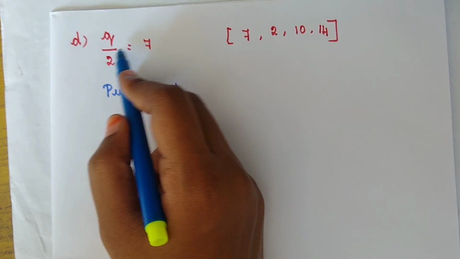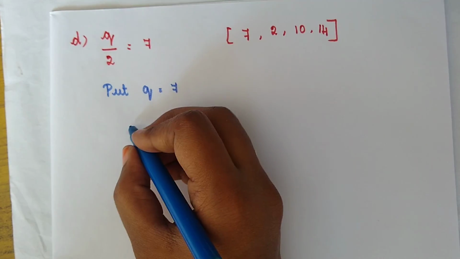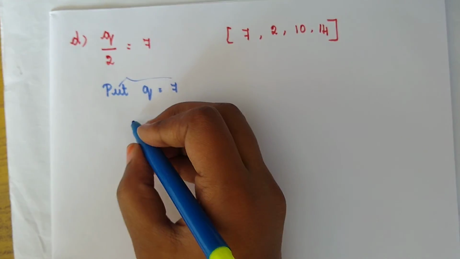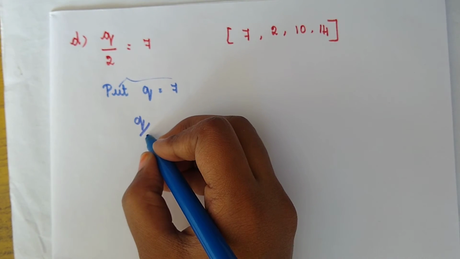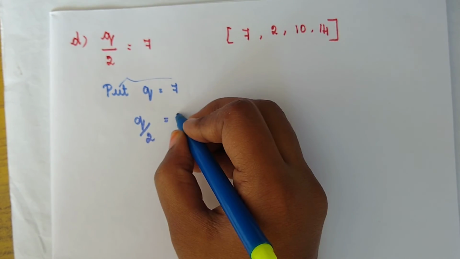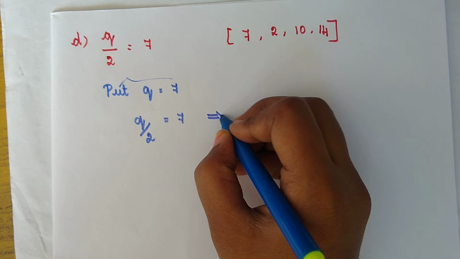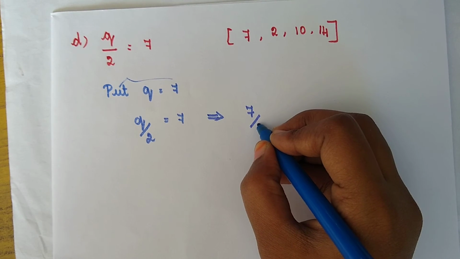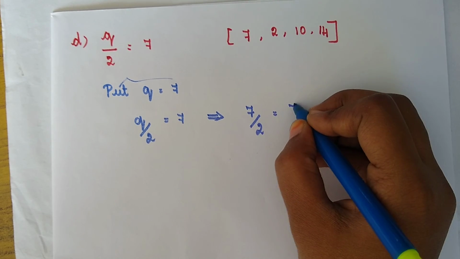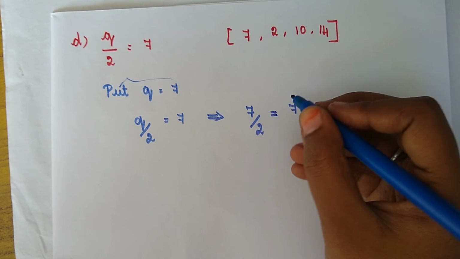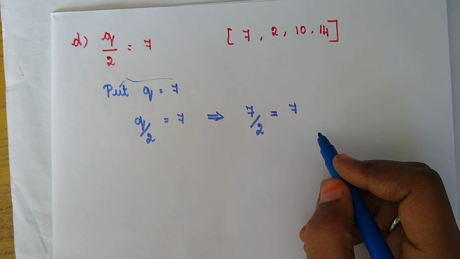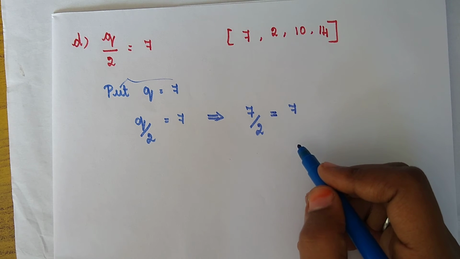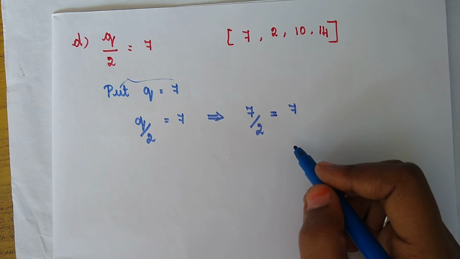Okay, so we have to substitute in this equation, q by 2 equal to 7. q is 7 divided by 2. The two values are not equal.